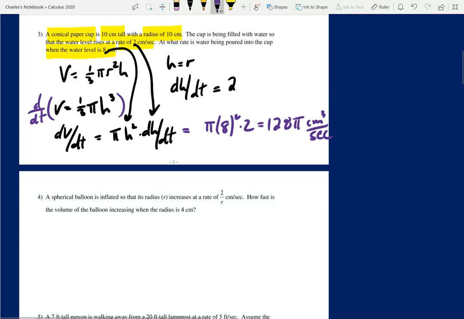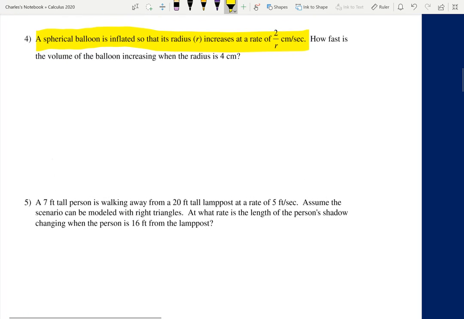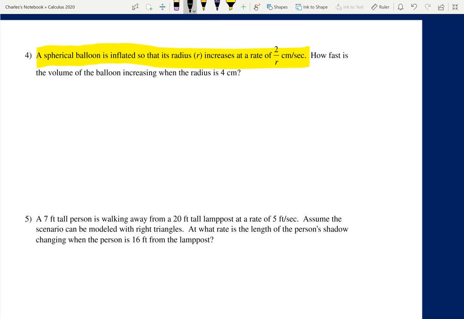Boom. All right, next one is a spherical balloon is inflated so that the radius increases at a rate of 2 over r centimeters per second. How fast is the volume of the balloon increasing when the radius is 4 centimeters? So what do we remember about the volume of a sphere?